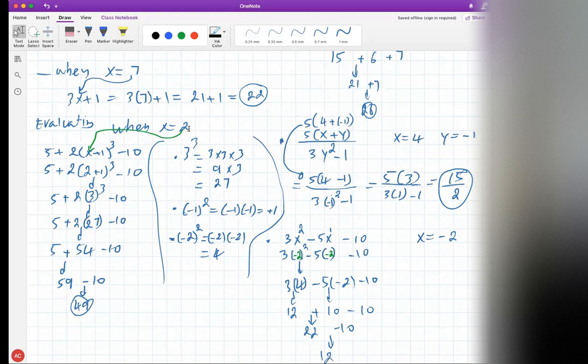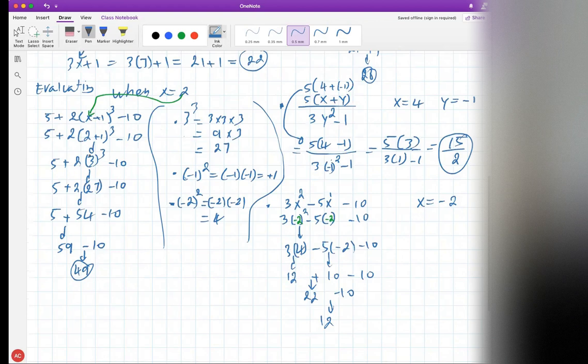Which arrow? I put a lot of arrows, I don't know which one you're referring to. Oh, arrows. Those are arrows. Okay, so that's an arrow.